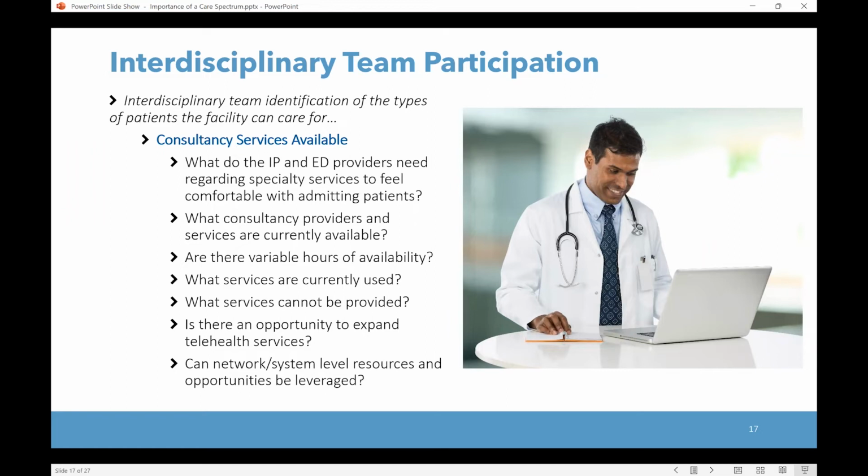Are there variable hours of availability with our consultant services? Are we currently using them, and what can we not provide? And again, is there any opportunity to expand telehealth? And if we're in a network, are we really leveraging our network resources and the potential opportunities that they have there?